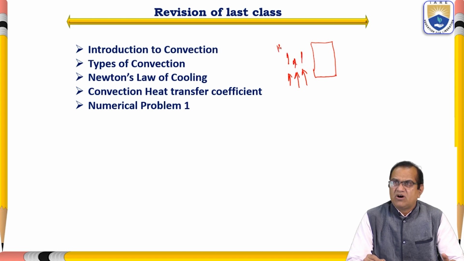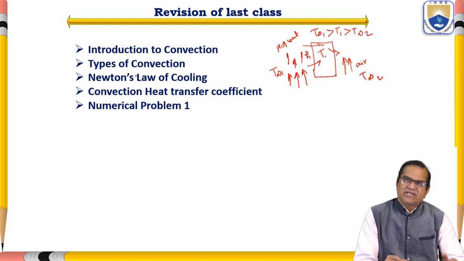This hot water will give the H, which is the convection heat transfer, and heat will transfer because this is T infinity 1, and here is the air, this is T infinity 2, and this is T. So T infinity 1 is greater than T1, and this is greater than T infinity 2.